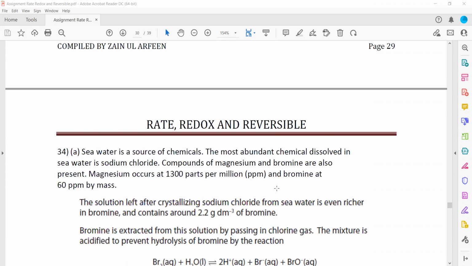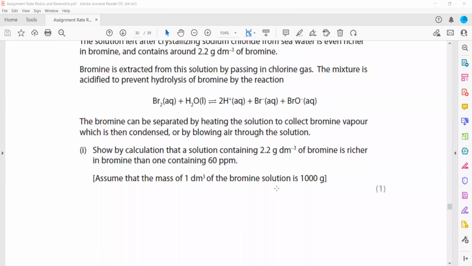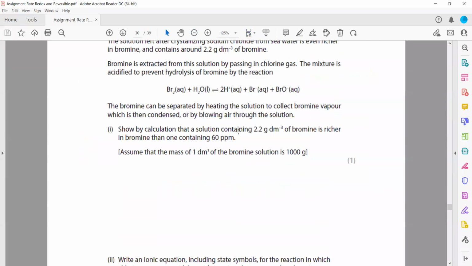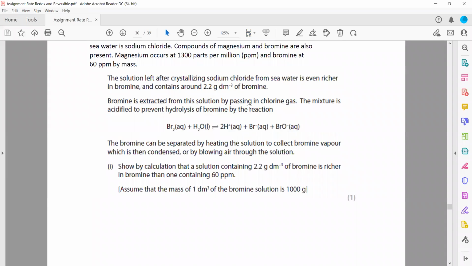Next is 34, part A. Show by calculation that the solution containing 2.2 gram per dm cube of bromine is richer in bromine than one containing 60 parts per million. So we have to find the moles of bromine, or the concentration.